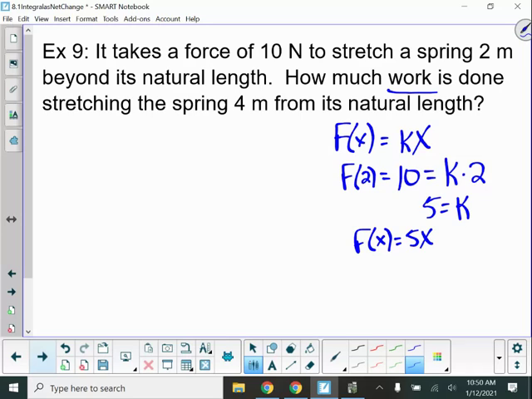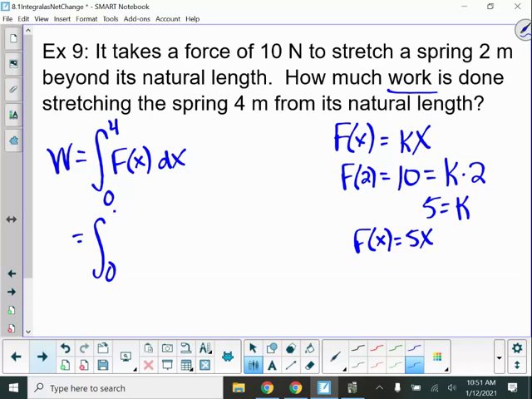Well, we want to know the total work that's going to be done. So that is going to be the integral from 0 to 4 of the force used to stretch the spring. So this is going to be the integral from 0 to 4 of 5x, which is 5/2 x squared, and again evaluating from 0 to 4.